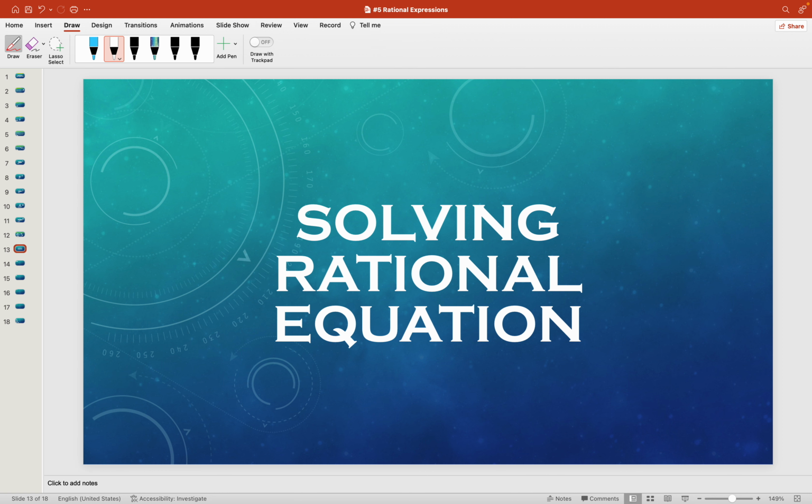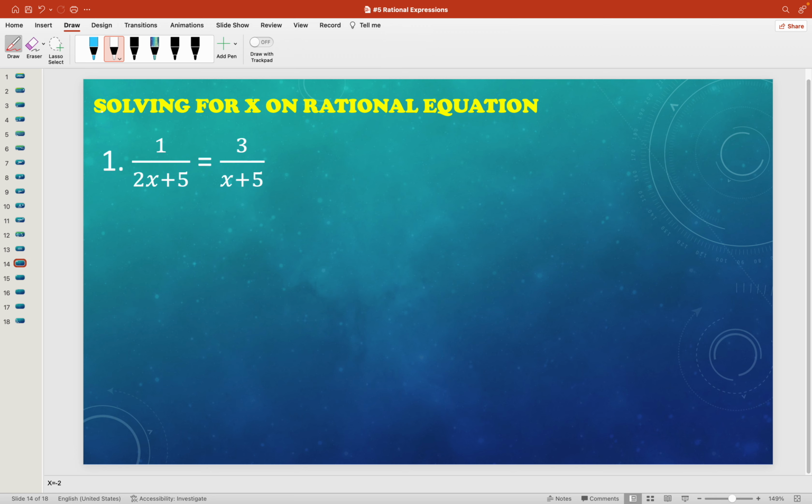So let's now move on to solving rational equations. Example number 1: we have 1 over 2x plus 5 is equal to 3 all over x plus 5. What you will do there is cross multiplication.